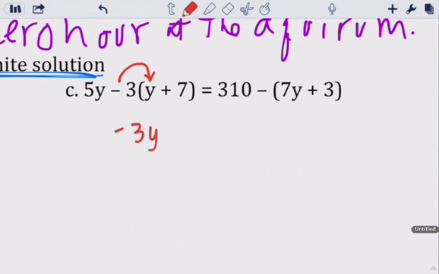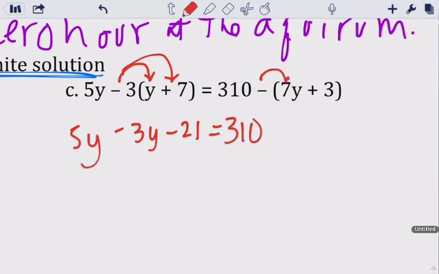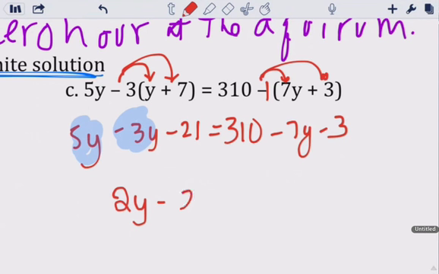Negative 3y, negative 21, 310, negative 7y, negative 3. Combine the like terms, gives you 2y minus 21, 297 minus 7y.